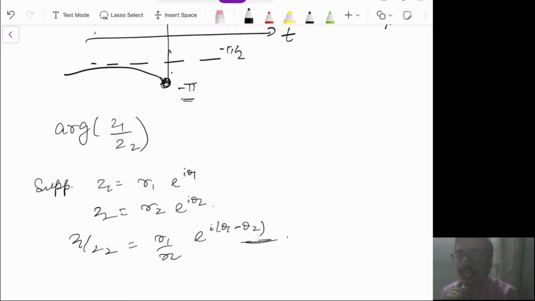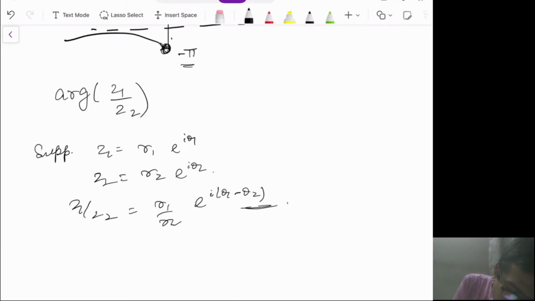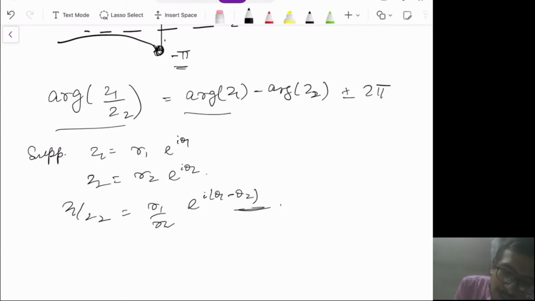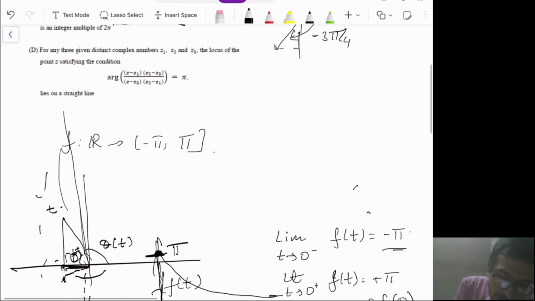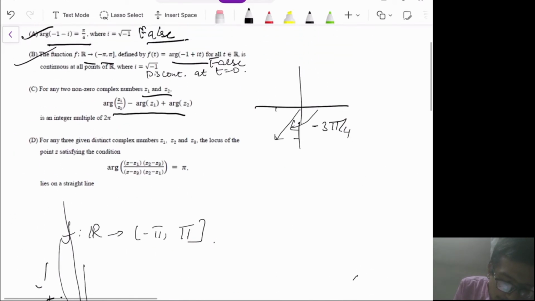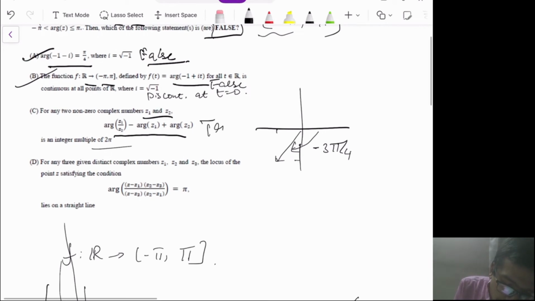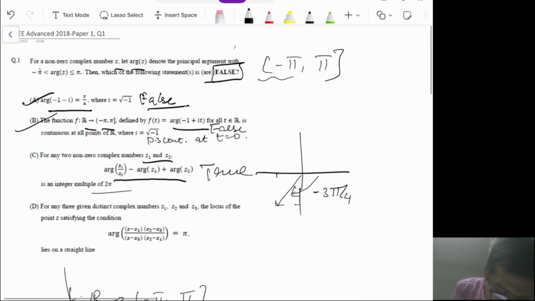So it may lie outside the range, and we may have to add or subtract 2 pi to bring it inside our range. So essentially arg of z1 by z2 is going to be arg z1 minus arg z2 plus minus 2 pi. So if I compute arg z1 by z2 minus arg z1 plus arg z2, I am going to get either 0 or plus minus 2 pi, all three of which are multiples of 2 pi. So this is actually a true statement, so we will not select this.